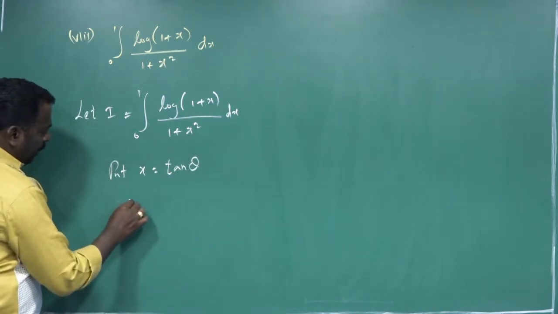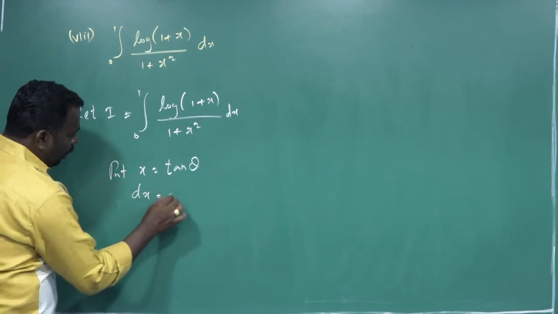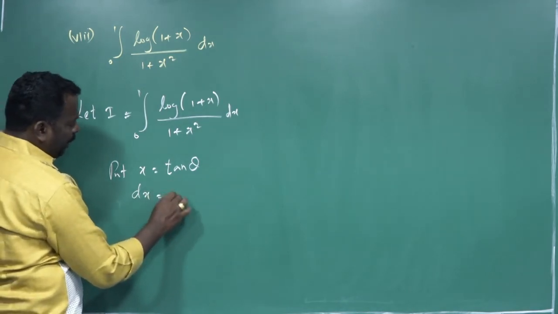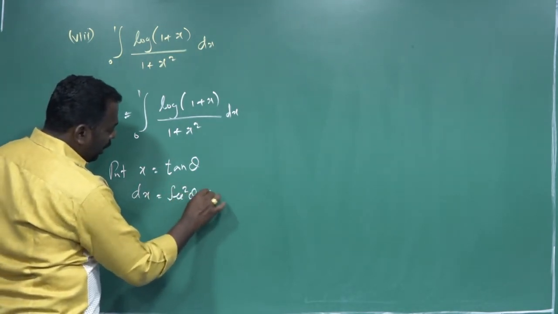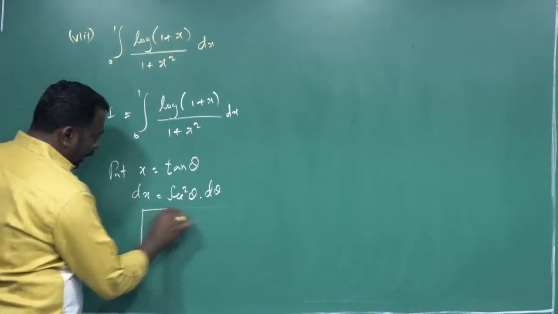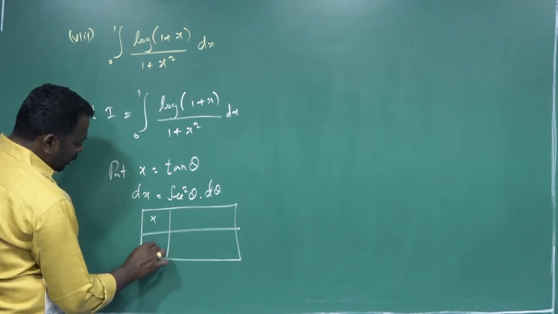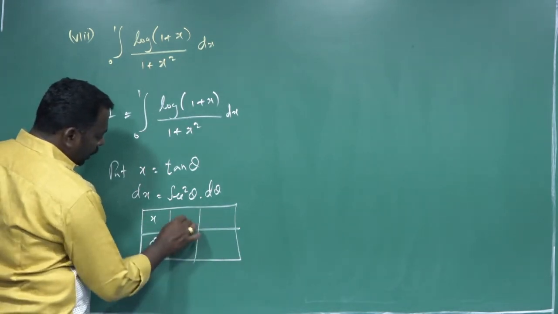Now differentiate with respect to x as theta. dx is equal to the differentiation of tan, which becomes secant square theta into d theta. Next we find the range from x to theta. The x range is 0 to 1.